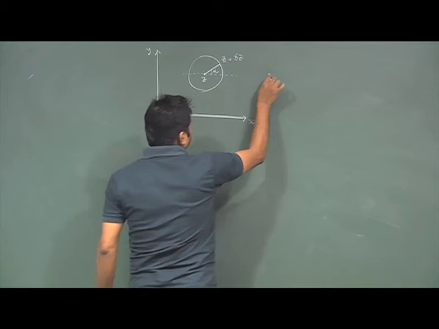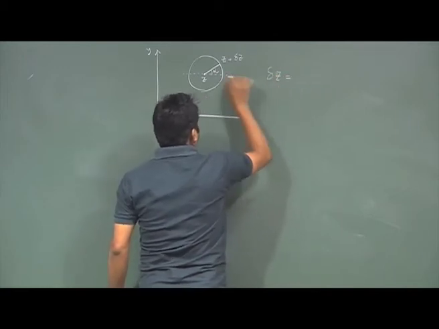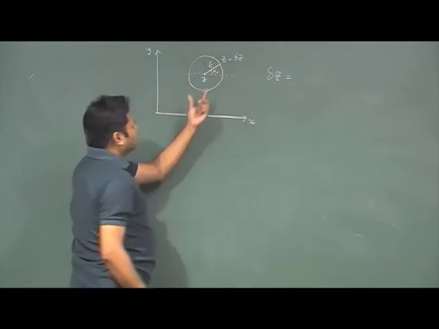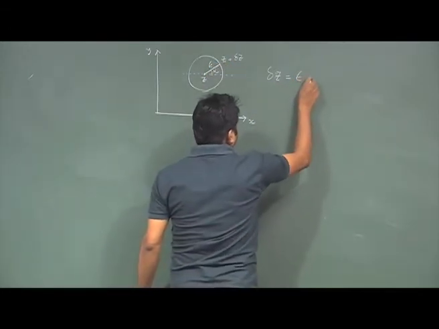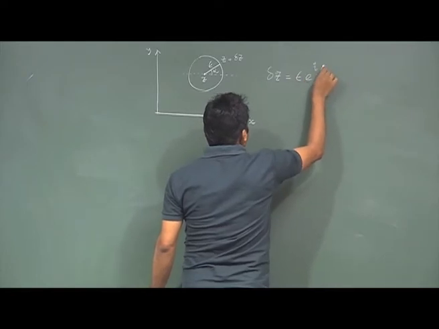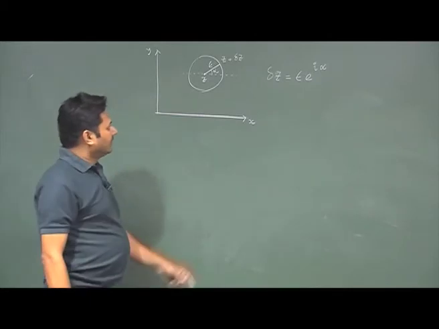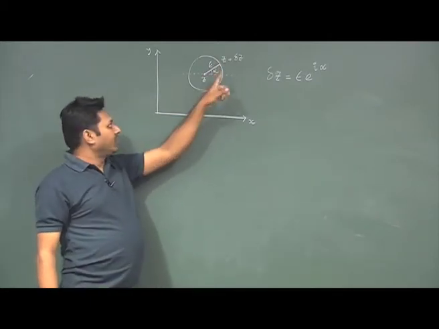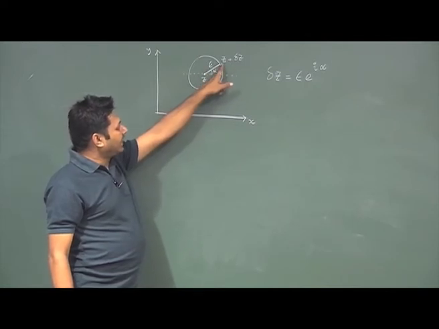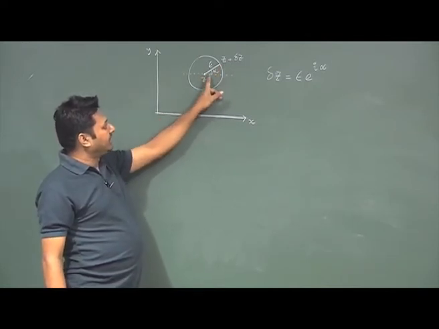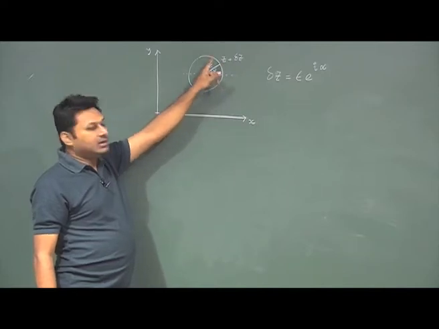If I write this radius as epsilon, delta z can be represented as epsilon e to the power of i alpha. I can always write this, because I want to put another point delta z at radius epsilon, and if alpha is given I can write it.